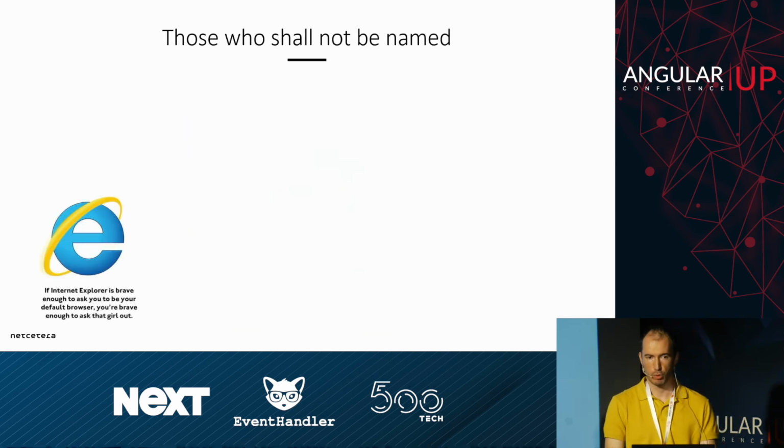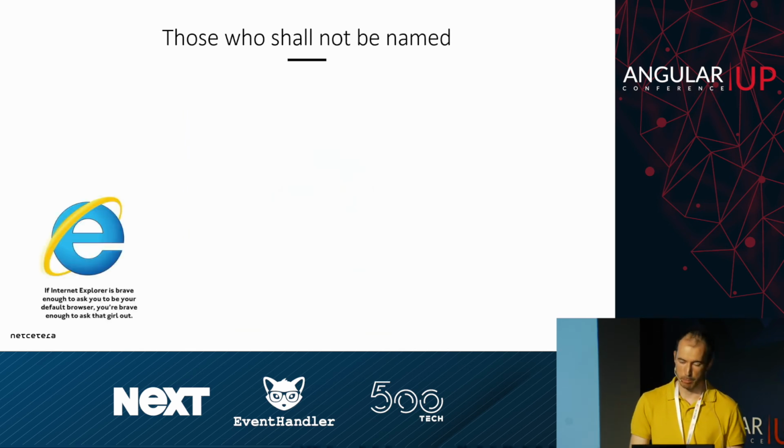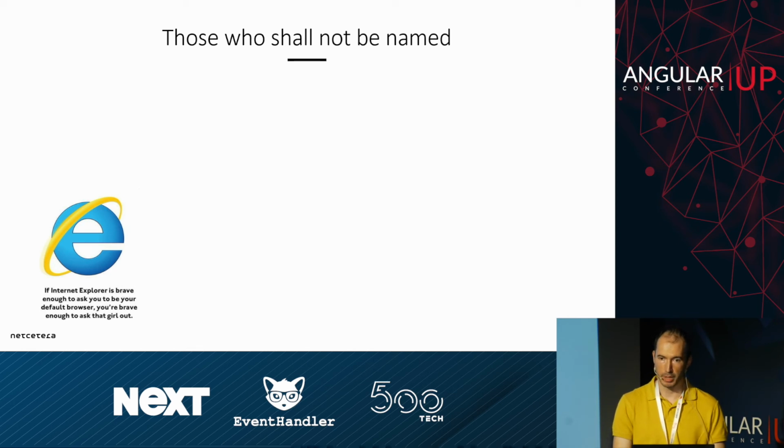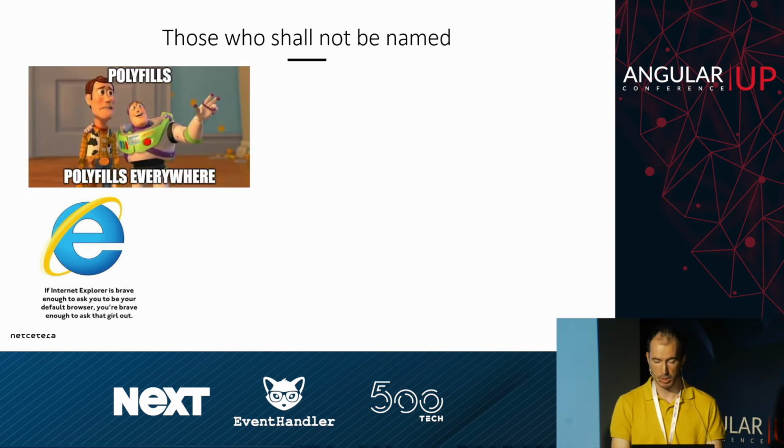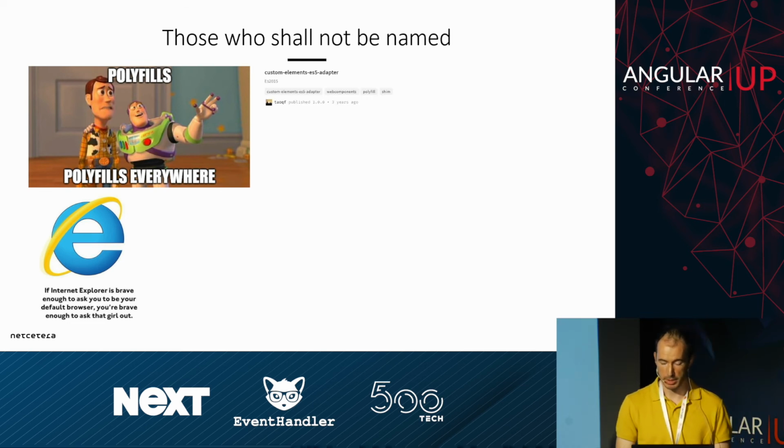So, you saw already on the previous slide that there were some browsers that simply didn't want to cooperate with novel things. And in order to cope with this, if you needed to support Internet Explorer at some time, you say, okay, I will just use polyfills. It's a common thing. But there were some other things. For example, this set ES5 adapter, which is also poorly named. So think before differential loading, there was this one bundle.